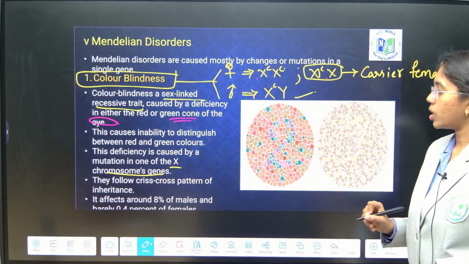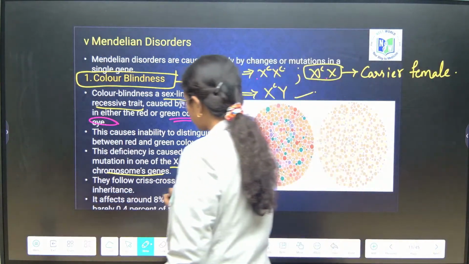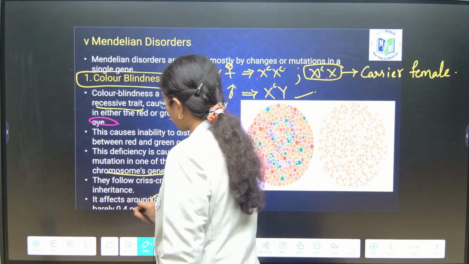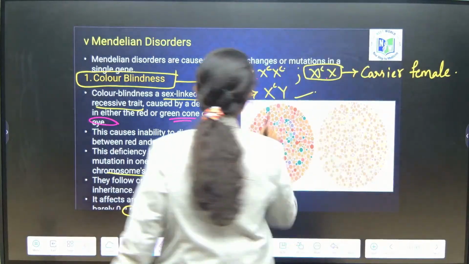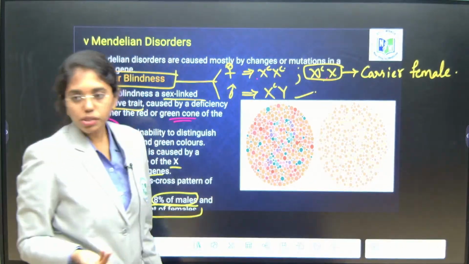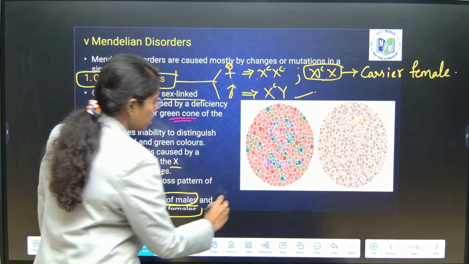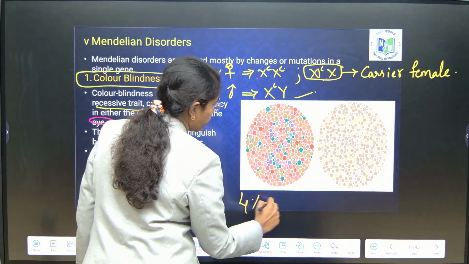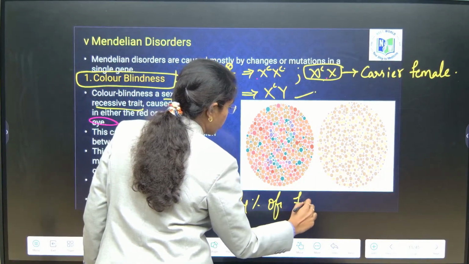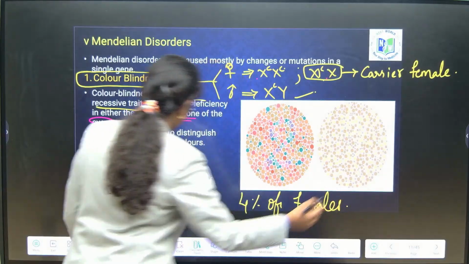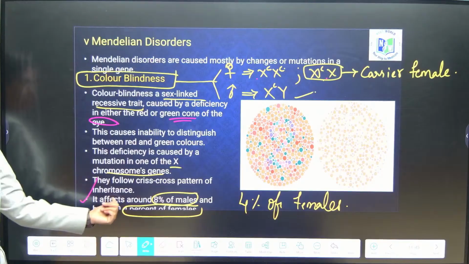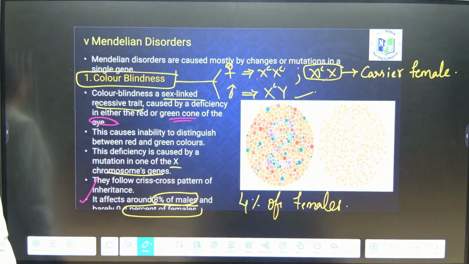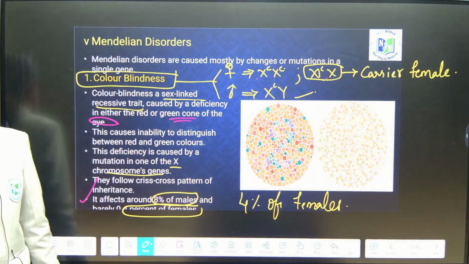This affects 8% of males and just 4% of females. Only 4% of females, because if it is in heterozygous condition, it is not showing any effect. This is important. Note down the X-linked disorders and the approximate stats of the effect of this disease on males and females.